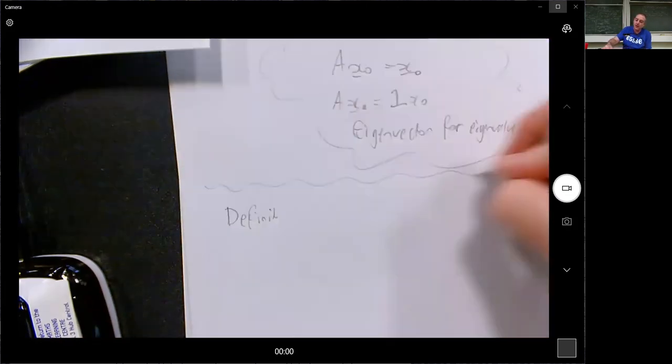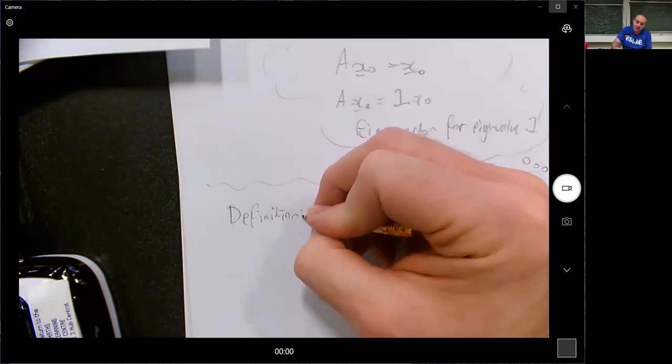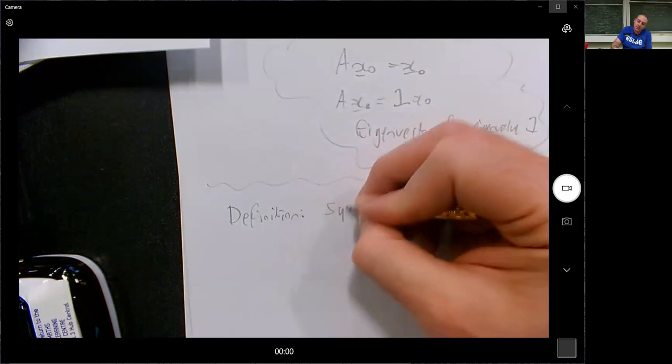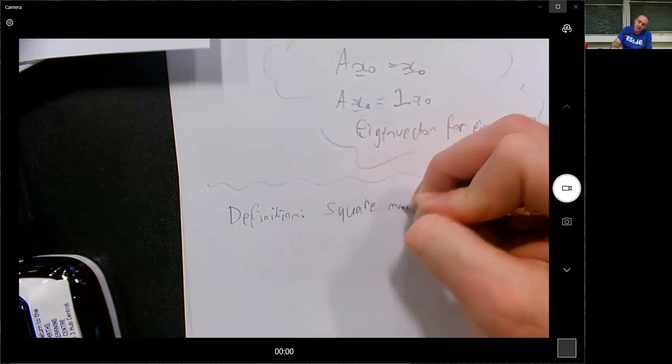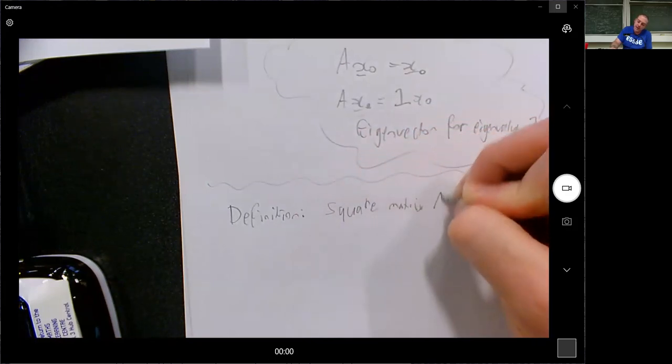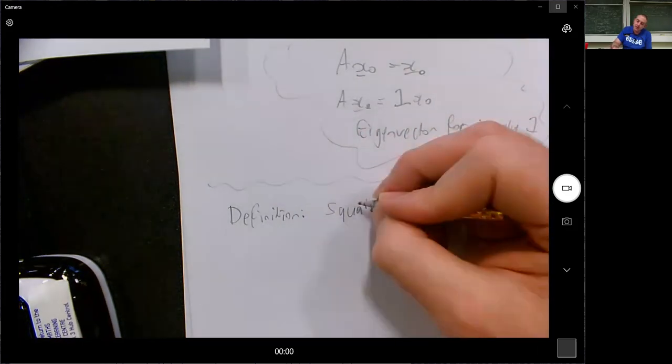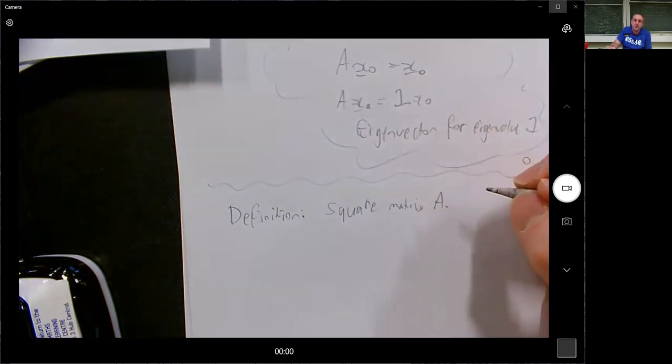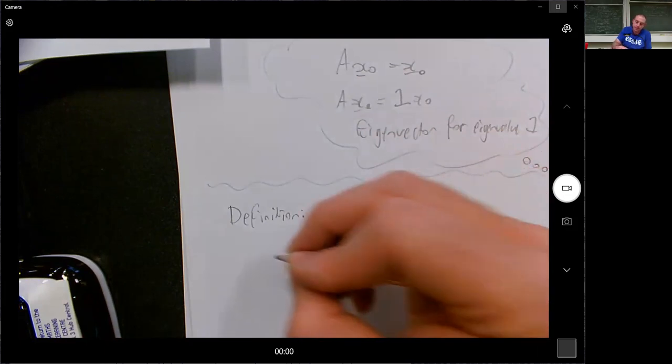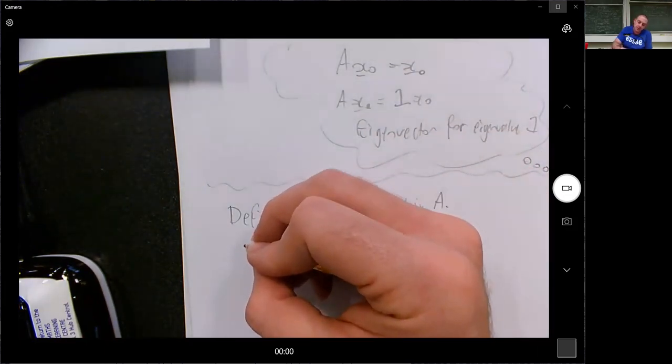So just a little aside. You've got a square matrix A. You have to start with a square matrix, which means it's n by n.